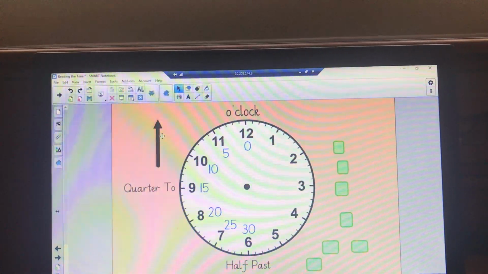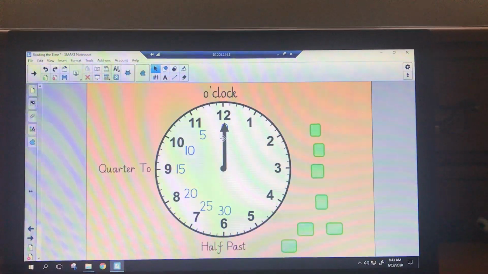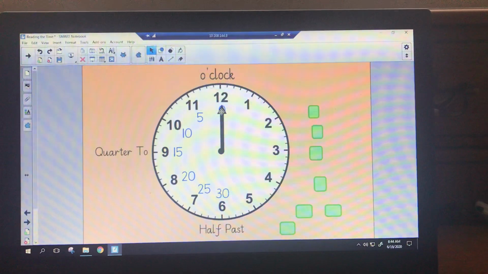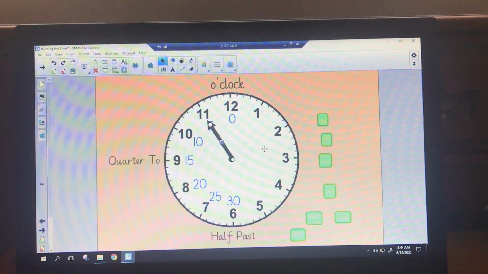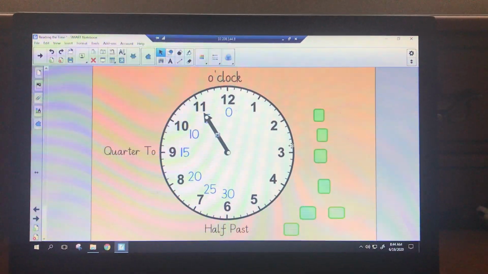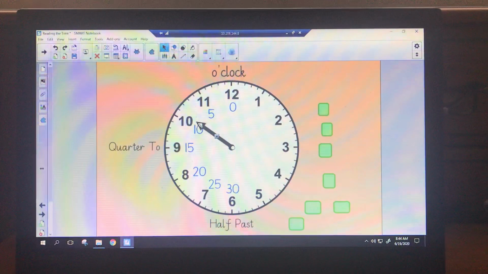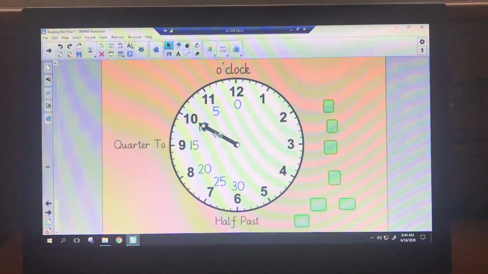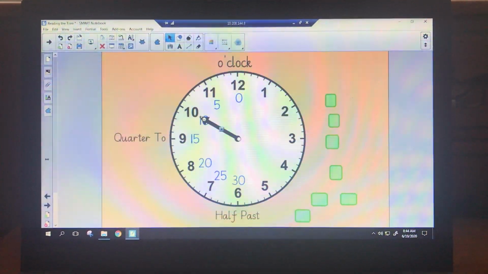So if I put the minute hand back on the 12 where it's o'clock, if I take it back to the 11, we say it is 5 minutes to the next hour. If I take it round to the 10, we say it's 10 minutes to the next hour.